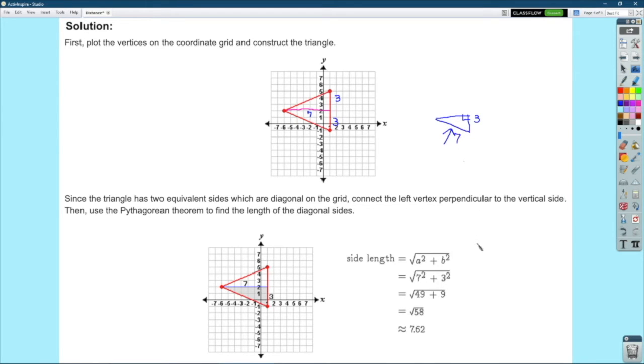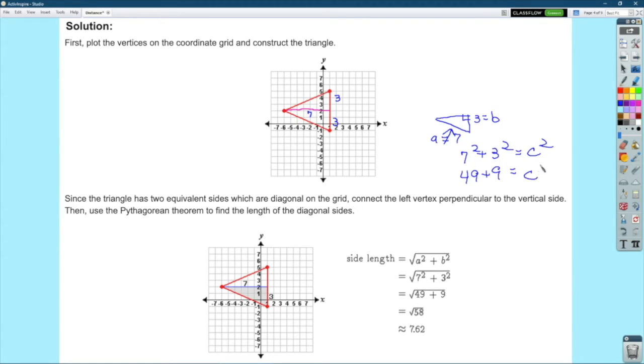So if I make this A equals 7, and I make this B equals 3, I can say, using a squared plus b squared equals c squared, or leg a squared plus leg b squared equals the hypotenuse squared, I get 7 squared plus 3 squared equals c squared. 7 times 7 is 49, plus 3 times 3 is 9, equals c squared.